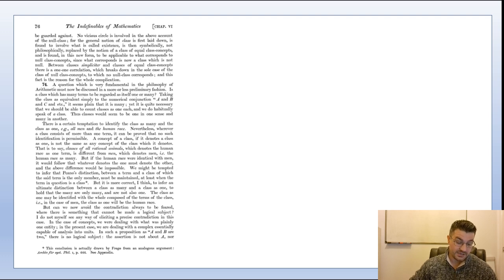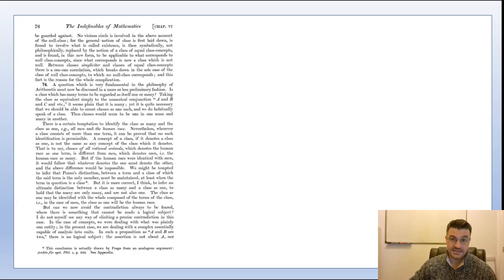In such a proposition as A and B are 2, there is no logical subject. The assertion is not about A, nor about B, nor about the whole composed of both, but strictly and only about A and B. So A and B are 2 cannot be about the whole composed of both, because that would be 1.